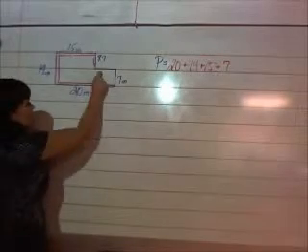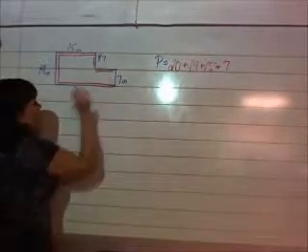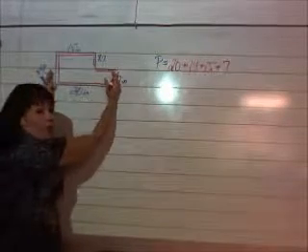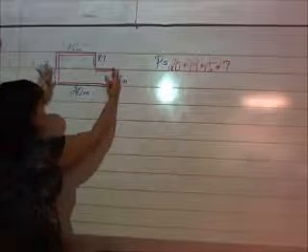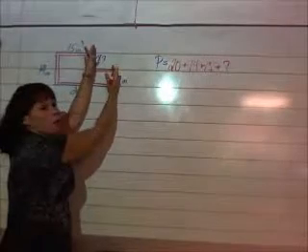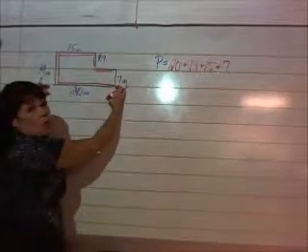Alright, what about this side? How much is that side going to be? Well, let's see. From here to here has to be 20, correct? Here to here is 20. Well, from here to here is 15. So how much am I missing if the whole thing has to be 20?